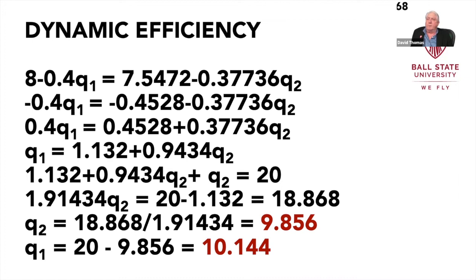We know that Q1 plus Q2 equals 20, so Q1 is equal to 20 minus Q2. We now know that the optimal consumption of oil in this case is for the current period to consume 10.144 units, and the future unit consumption would be 9.856.